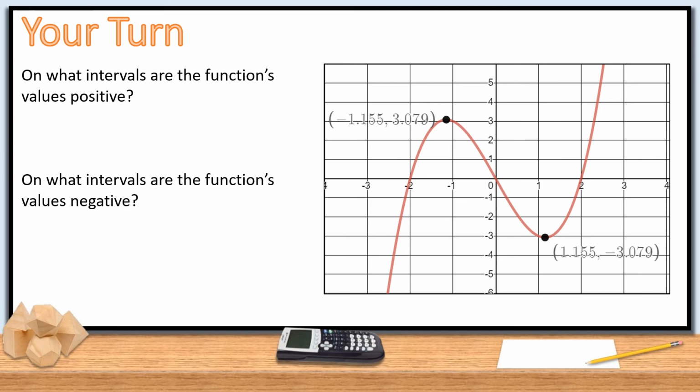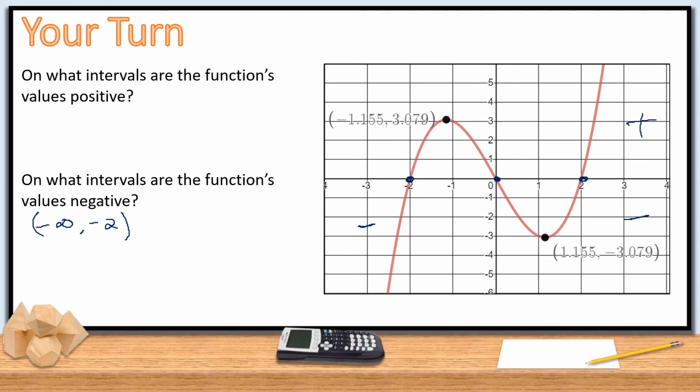Okay, welcome back. So the key points are where it crosses the axis. And we know positive is above, negative is below. So we start with a negative value. Anything from negative infinity to negative 2 is negative. Both not included.